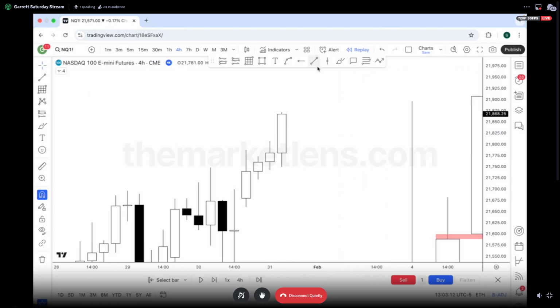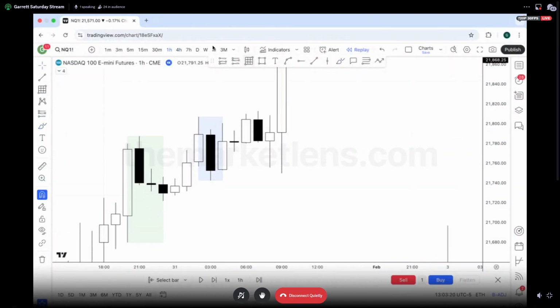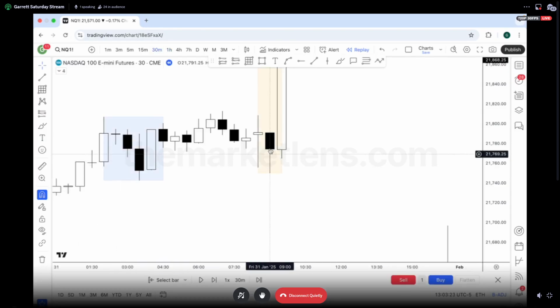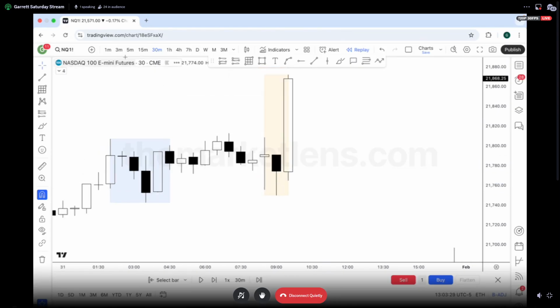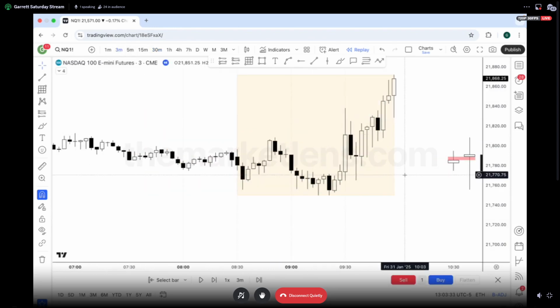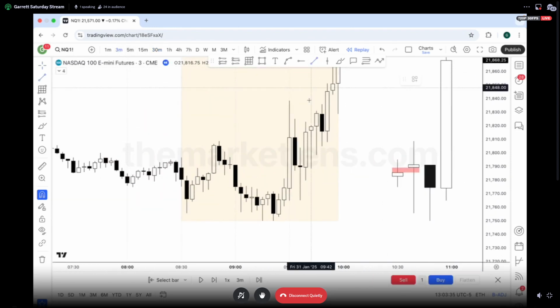If you wanted to trade a 930 continuation, it's supported by this 6 a.m. candle, that small wick. The low of the candle is created from a 30-minute model here, and then you get some sort of continuation right here.